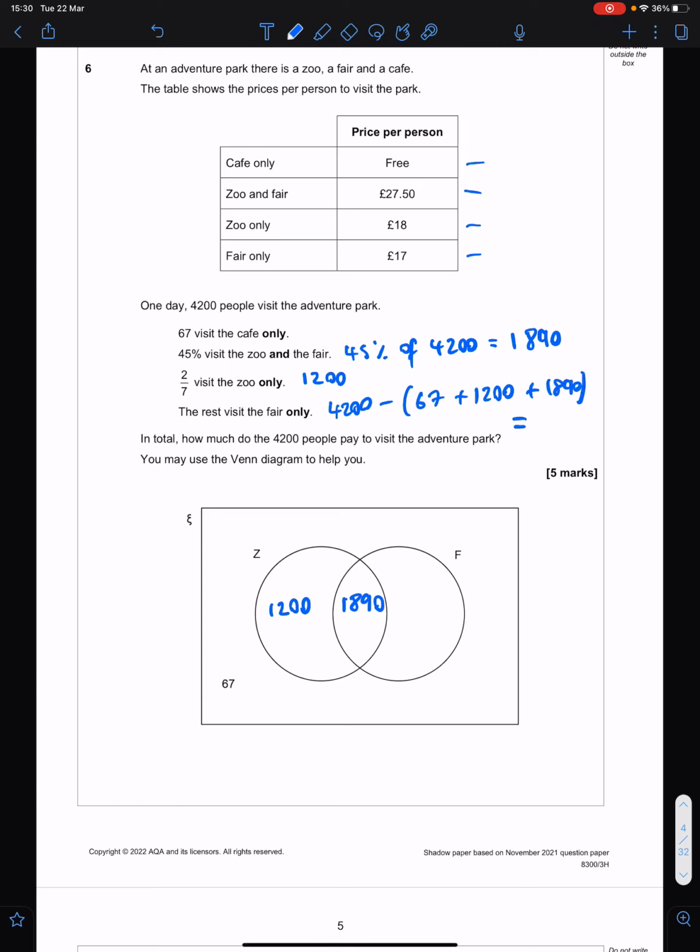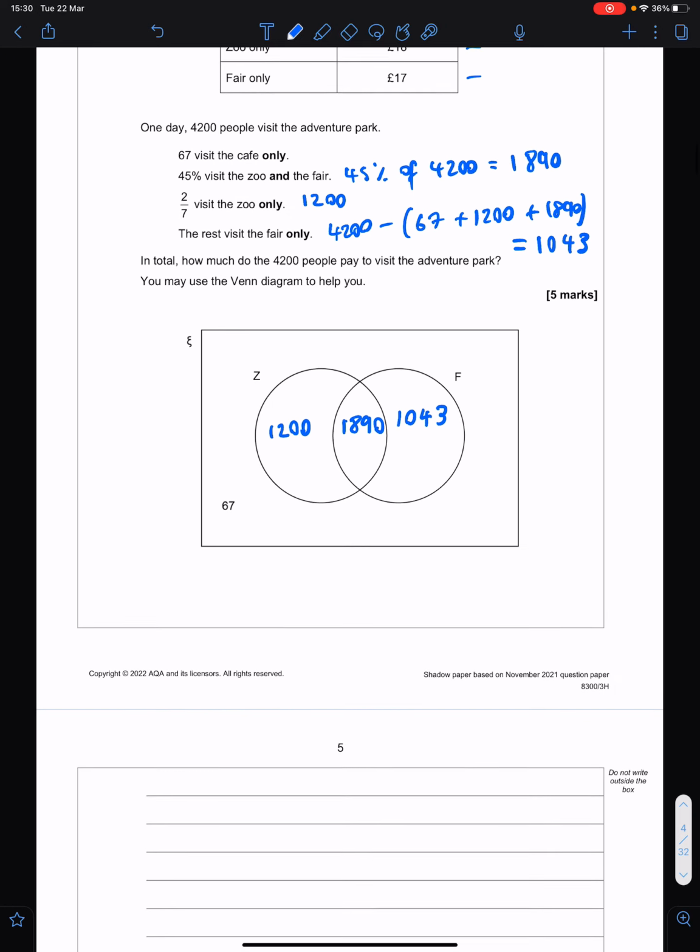So take away 67 plus 1,200 plus 1,890. That gives 1,043. So we filled out the Venn diagram, but we're not done with the question.